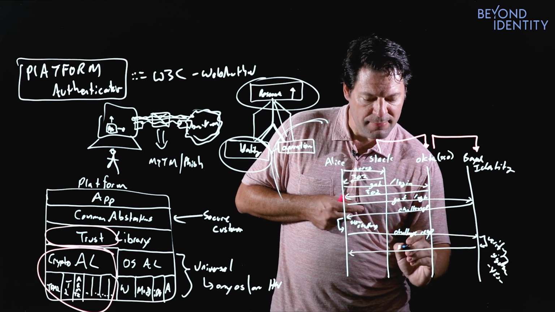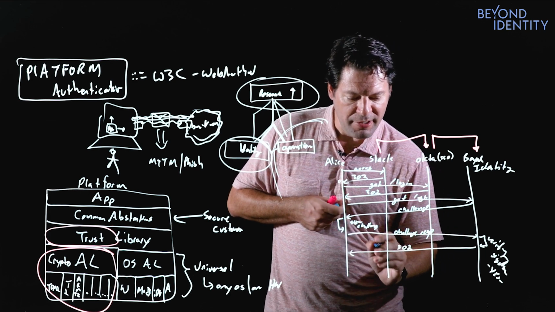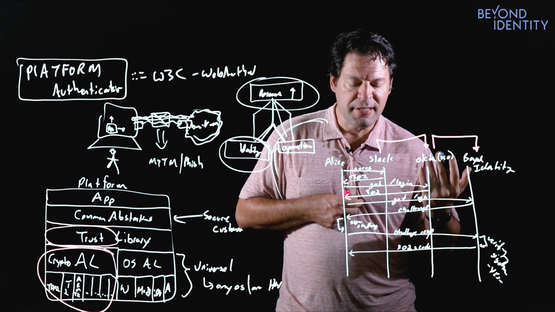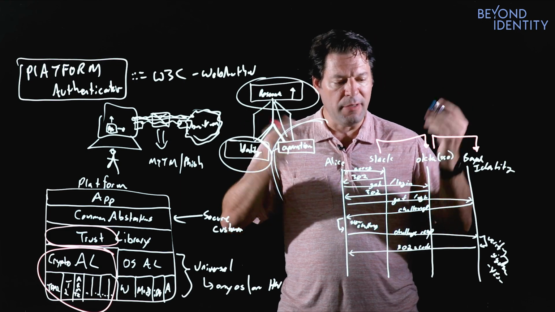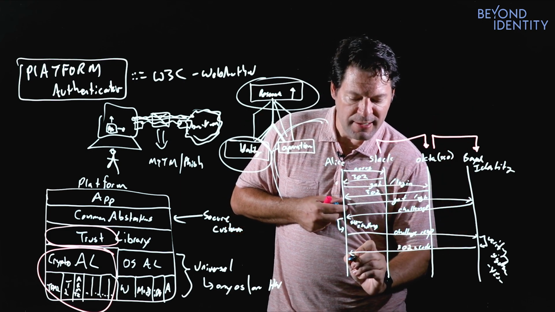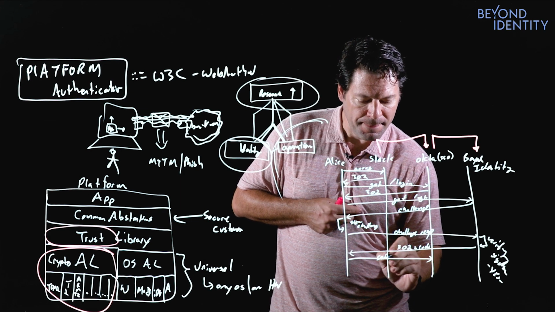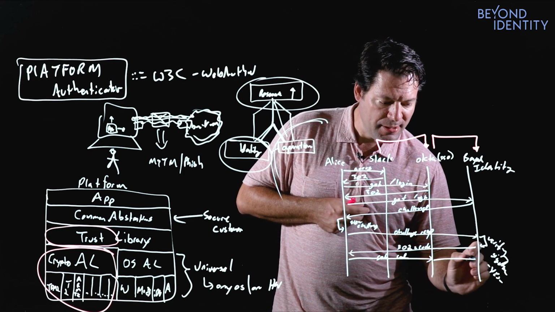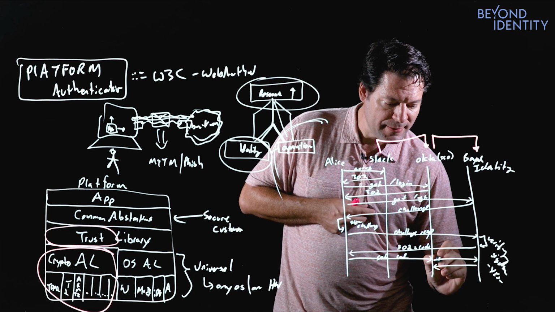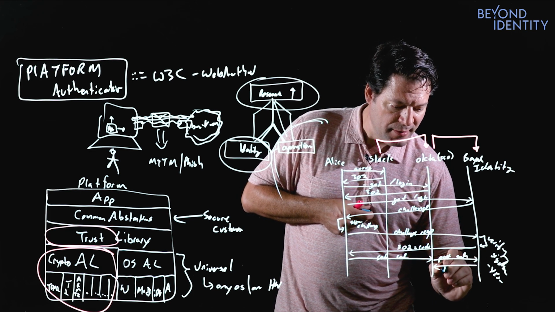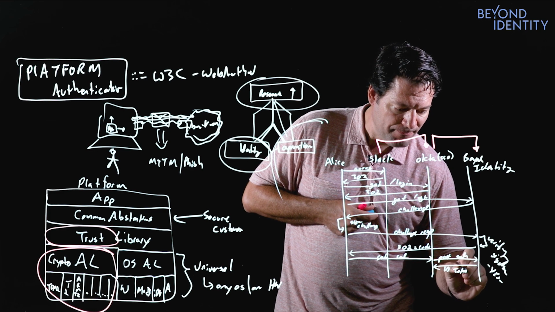We send back a form of redirection, again, with that code. And you can think of that code as like a magic ticket, Willy Wonka style, basically saying, go back to Okta, present this code. And then Okta on the back end will come talk to us, saying, someone presented this code, who is it? And we'll give them back an ID token.